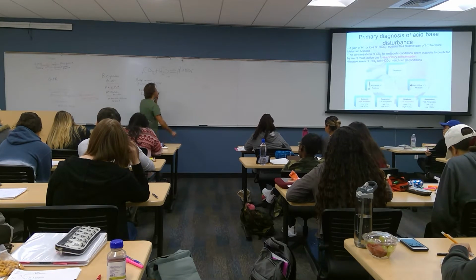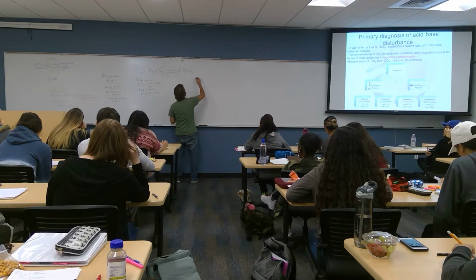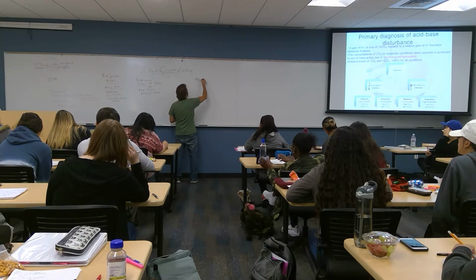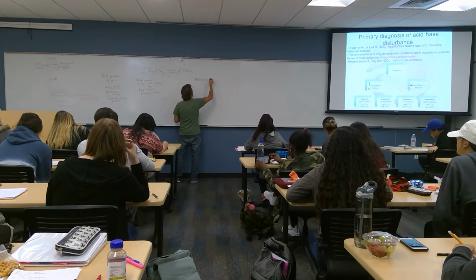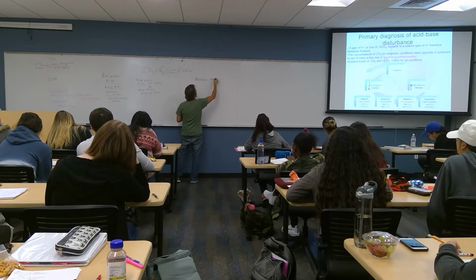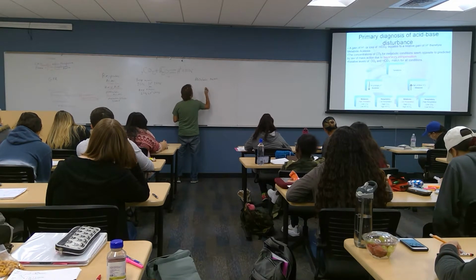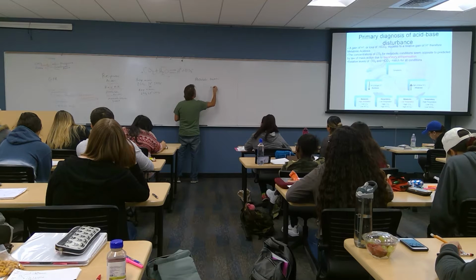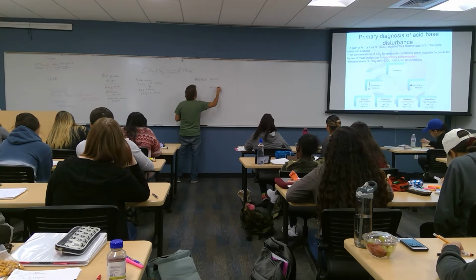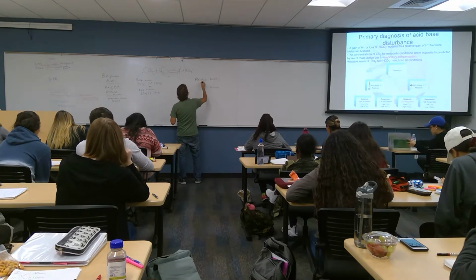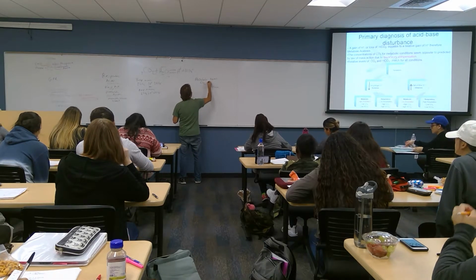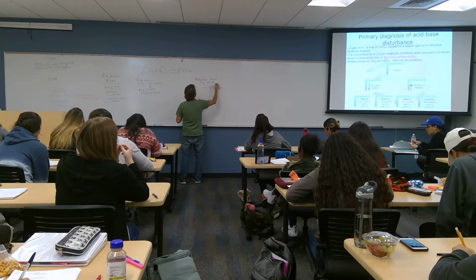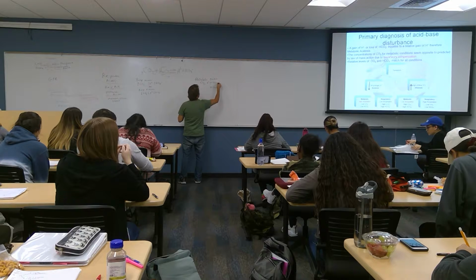Now the metabolic is going to be the one you wouldn't expect by just the law of mass action. So metabolic acidosis, metabolic alkalosis: CO2, H plus, HCO3 minus.